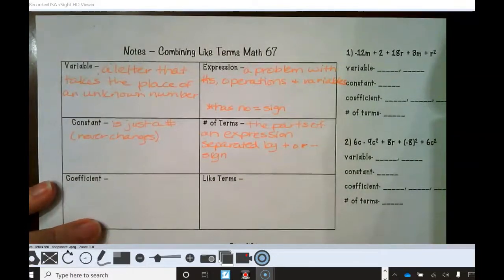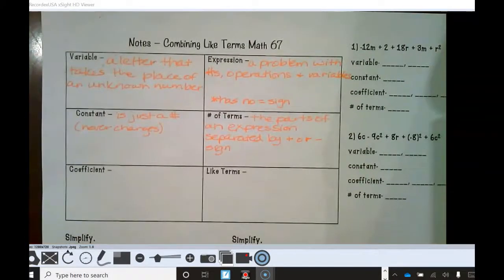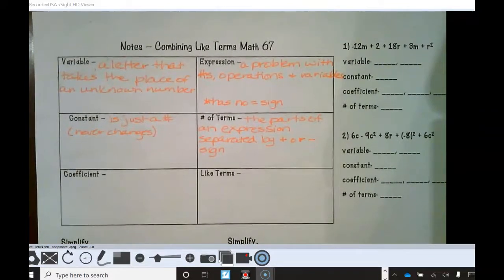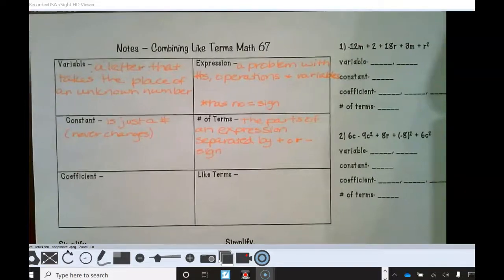And I know that this is not going to make a lot of sense right now, but once we have the definitions of the terms, I'll explain how to pick them out from a problem or an expression.